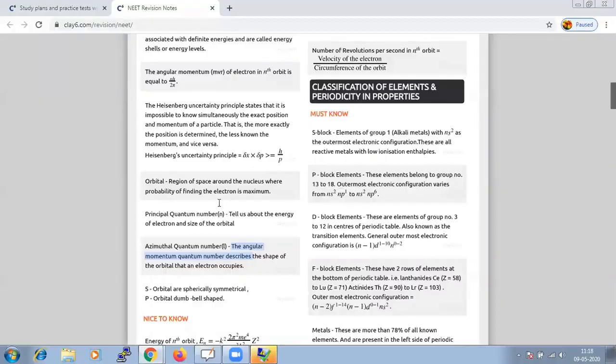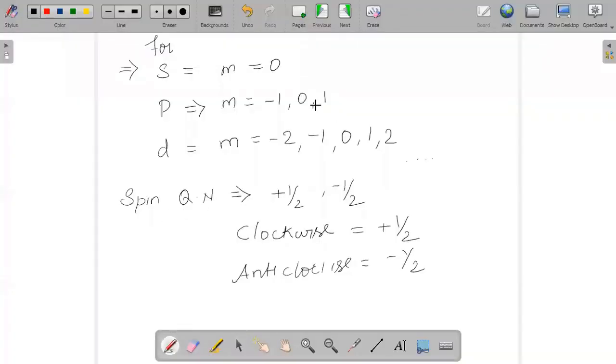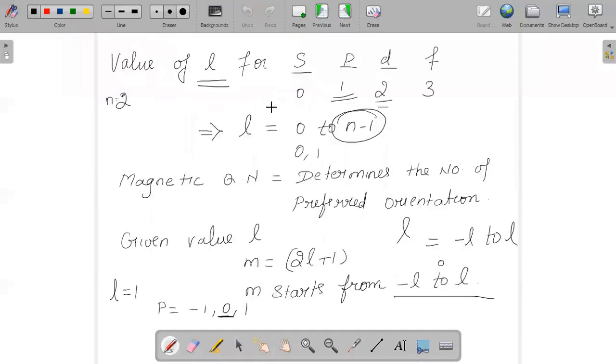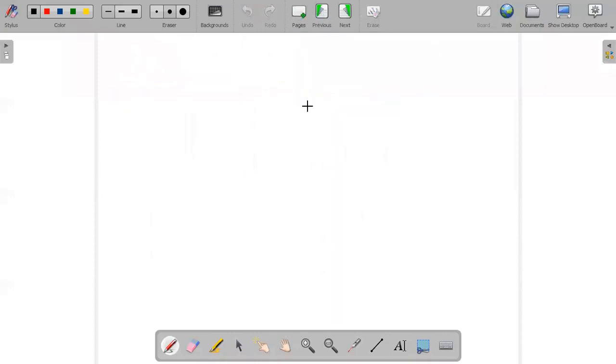If you are studying quantum numbers, we should know each and every quantum number, what it is and how it is related with each other. Based on quantum numbers, I'll give you a sample of how the questions will be, because it is one of the important formats on which they ask questions. They may give you the value of n, or L, it depends.